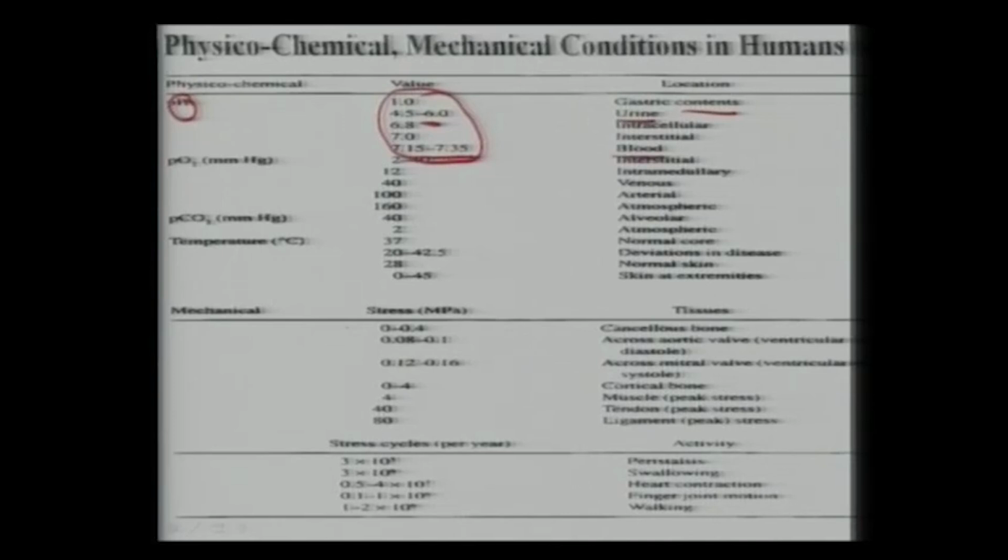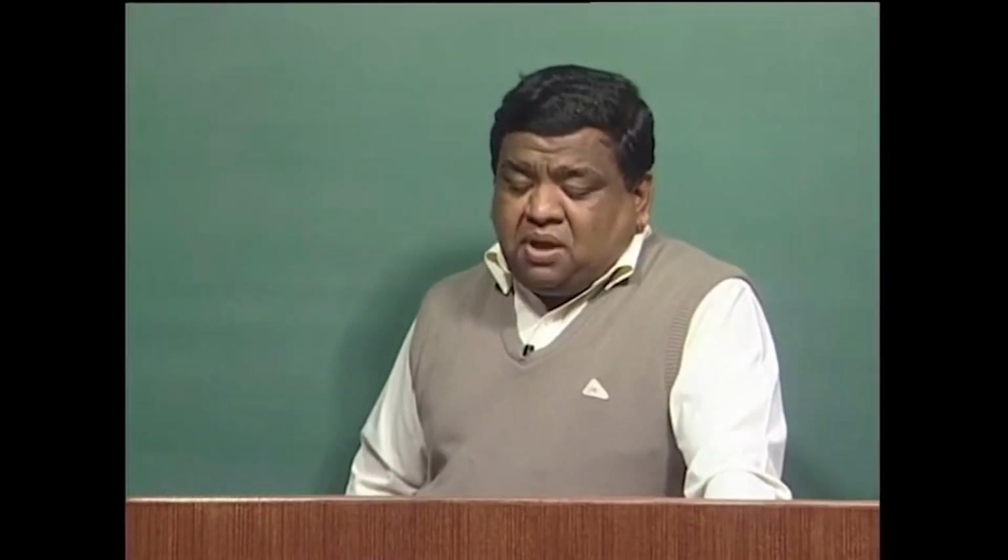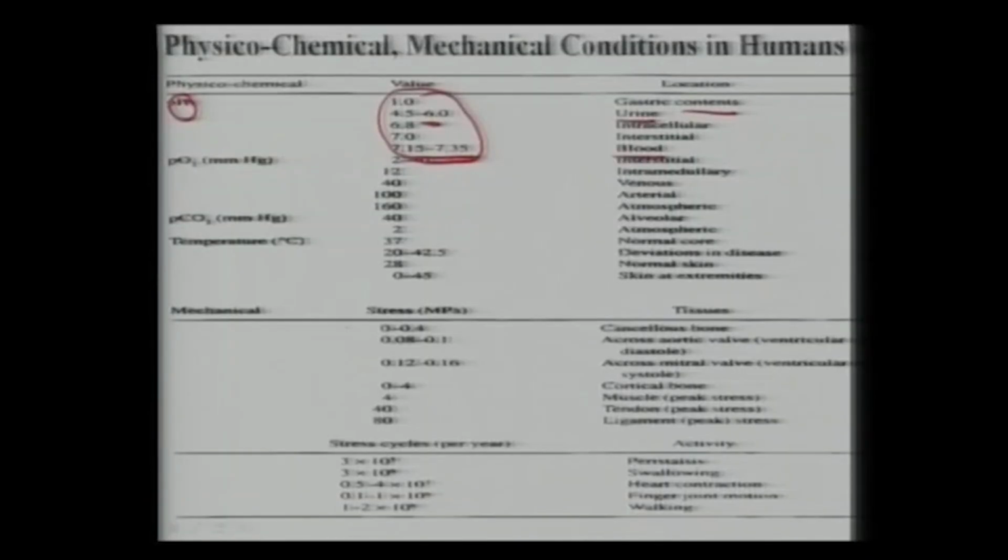Since the blood pH is 7.15 to 7.35, that is the pH level that is typically maintained in all in vitro experiments, and that's why it is suggested that a pH value of 7.4 is to be maintained. However, you have to note that this pH value is not constant throughout the entire human body, and it changes depending on the anatomical location in the human body that you are considering.